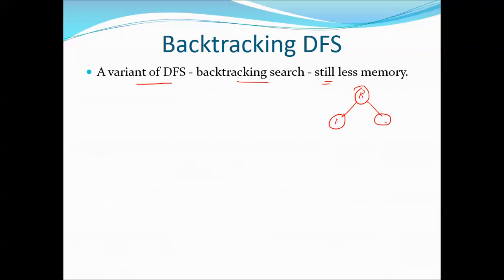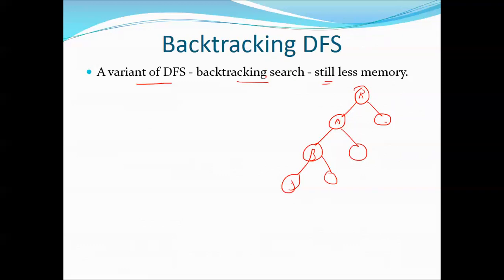Even though it creates all its children, it will take only this part. Then it checks whether this is a goal state or not. No. Then it expands all its children. So here I am showing 2 children, but in reality there may be 10 children or 5 children or whatever it may be. Then it checks whether this is the goal state or not. No. Then it expands its children, and so on and so forth. It continues. This is how normal DFS works.